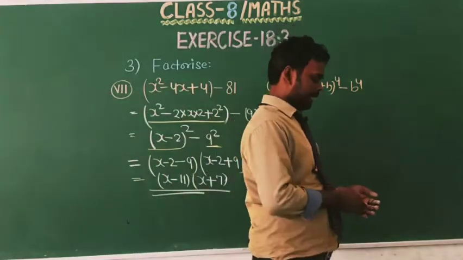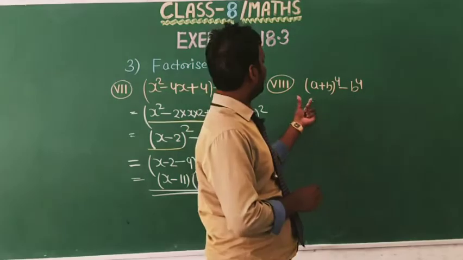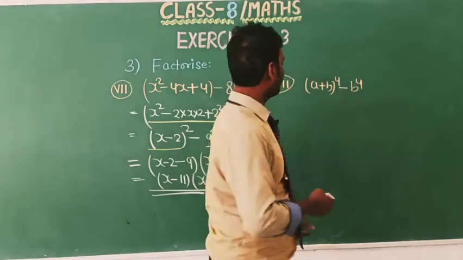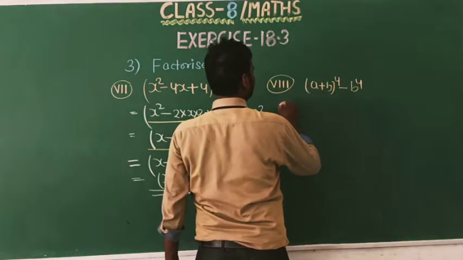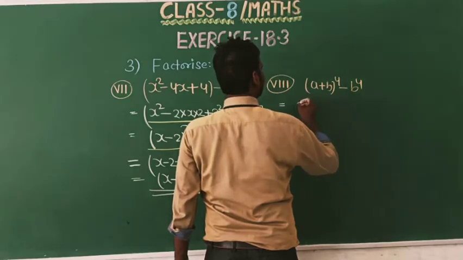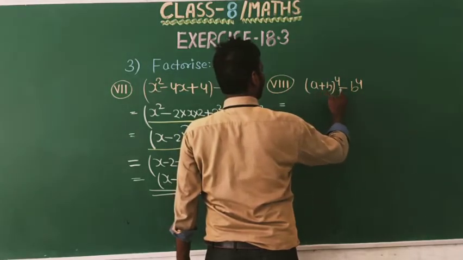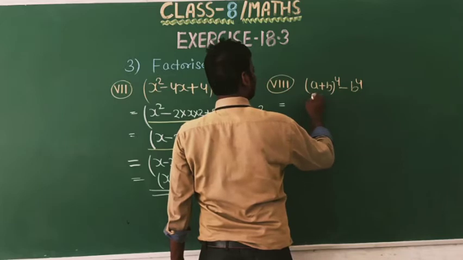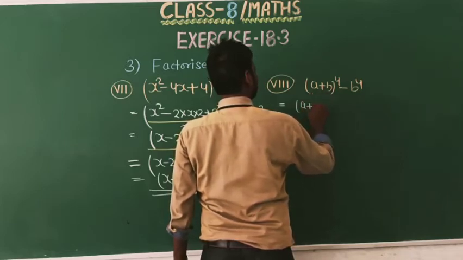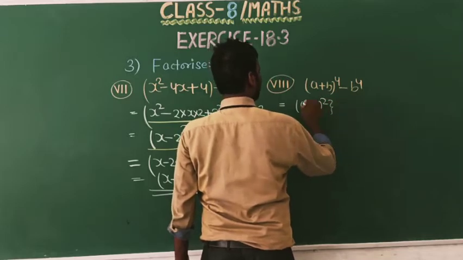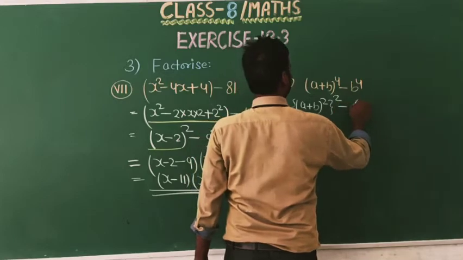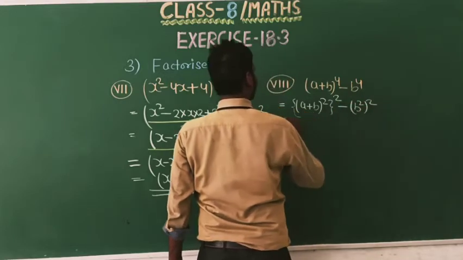Okay, now move to the 8th part. This is (a plus b) power 4 minus b to power 4. So dear children, this is written as ((a plus b) whole square) square minus (b square) square.